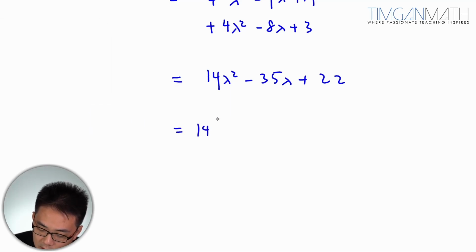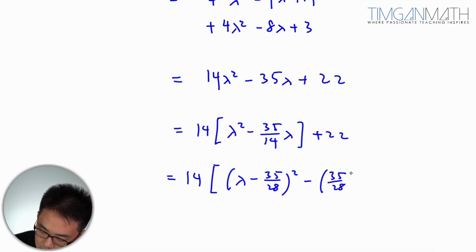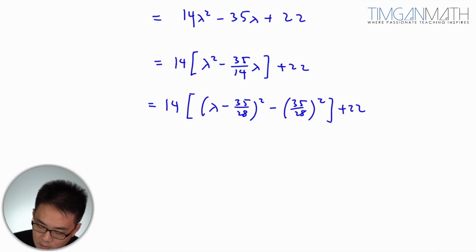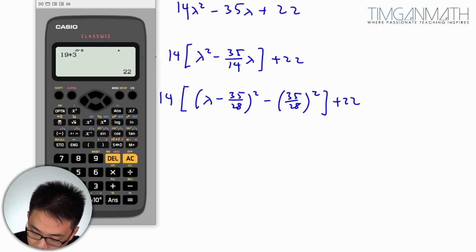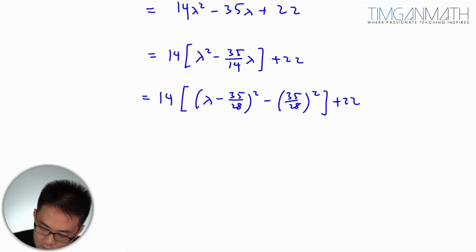So complete the square by taking 14 out. So 14 multiplied with lambda minus 35 over 28, squared, plus 22 minus 1 over 8.